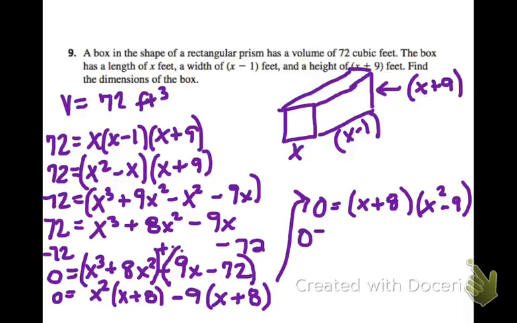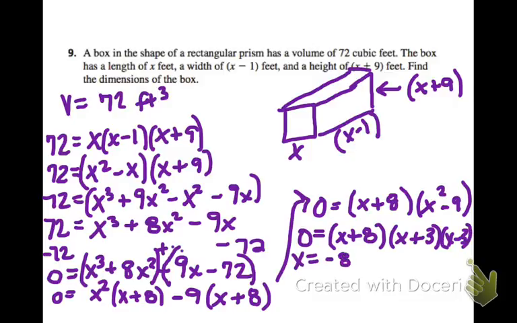So 0 is equal to x plus 8, and then we'll have x plus 3 and x minus 3, so that x will either equal negative 8, negative 3, or 3. These two can immediately be discarded because you cannot have negative lengths.